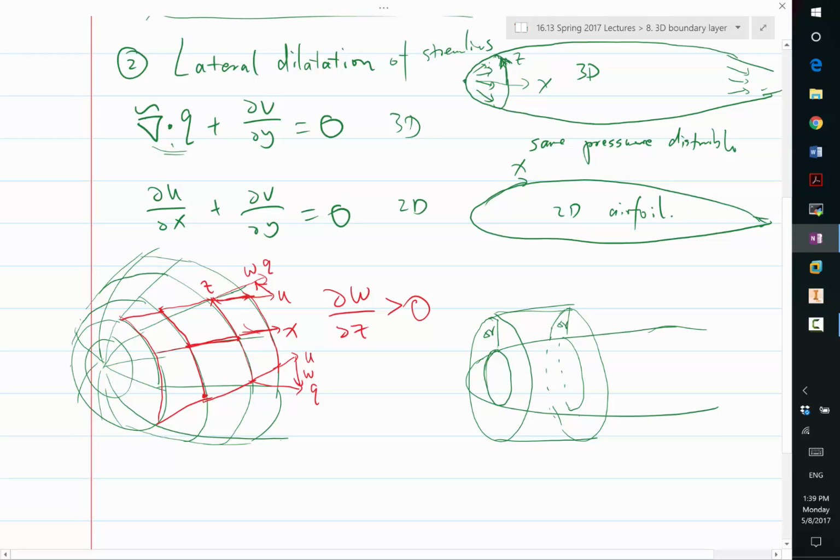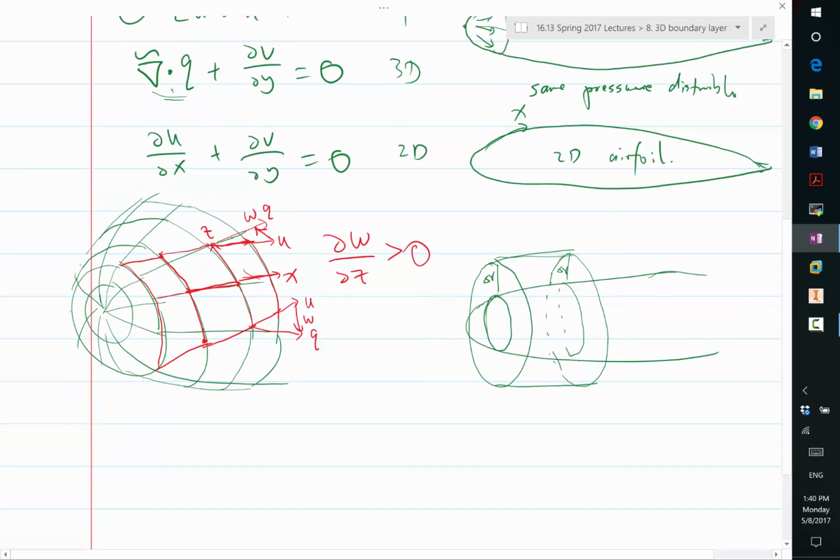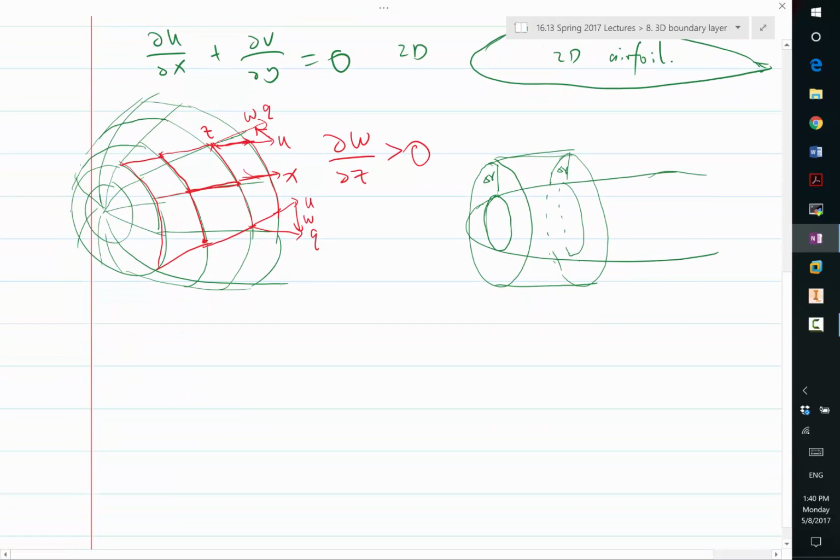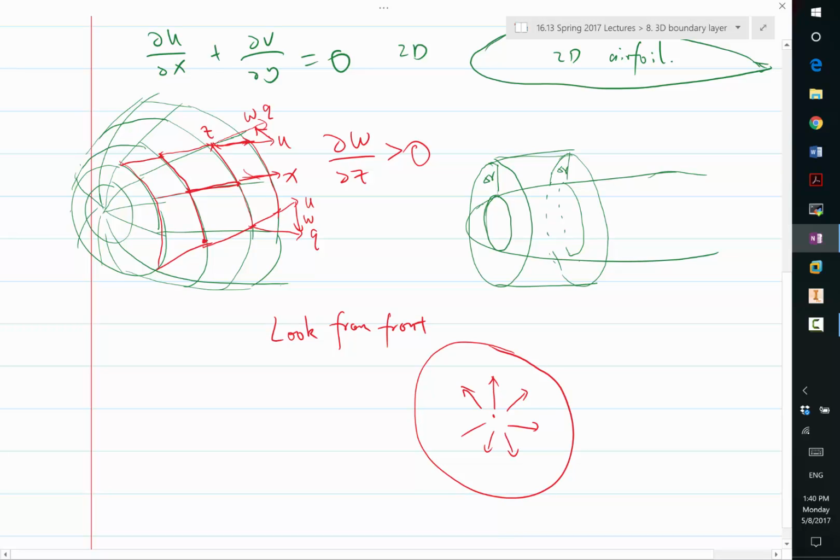It contributes to a positive divergence on the surface. Do you agree that if you look from the front, let's say this is my axisymmetric body looking from the front, you're going to see the streamlines go out like that.